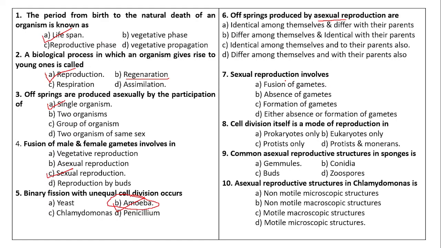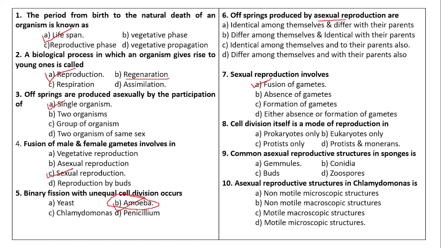See here, sexual reproduction involves. You already know what sexual reproduction is. It is a type of reproduction that involves fusion of gametes. So the question is very direct here, and the first option itself is fusion of gametes.